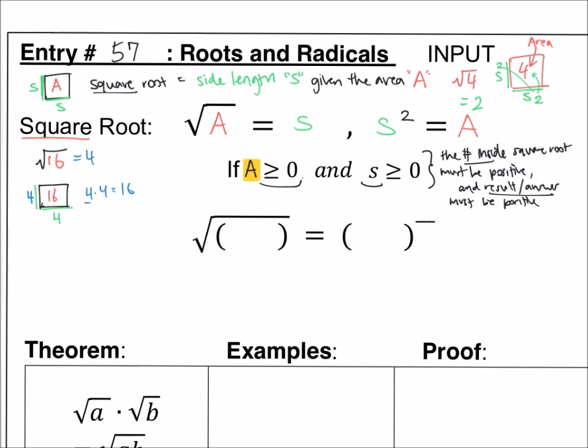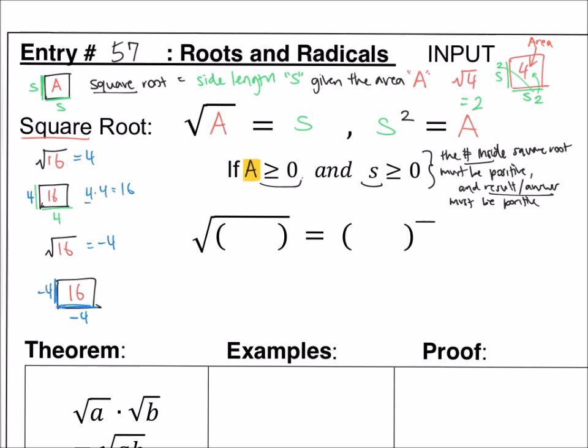However, you wouldn't be able to say, oh, the side length negative 4 can make that square happen, because in reality, if you think of side lengths of squares, you can't have negatives as a side length. You can't have something with a negative length.